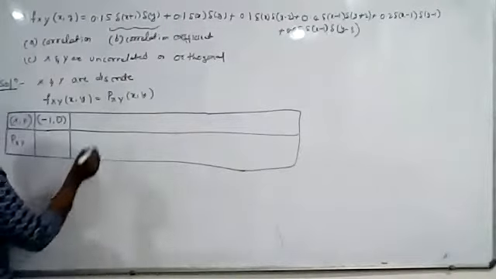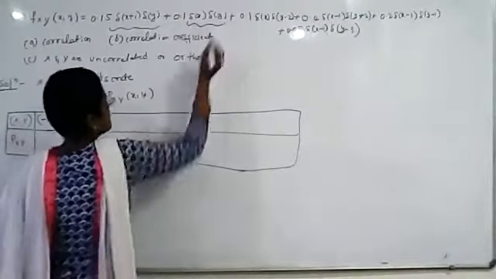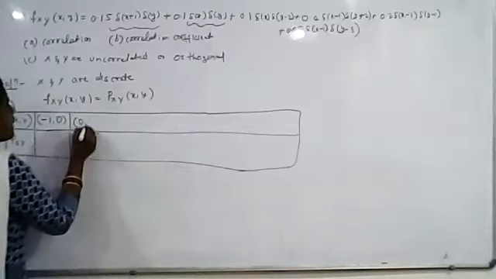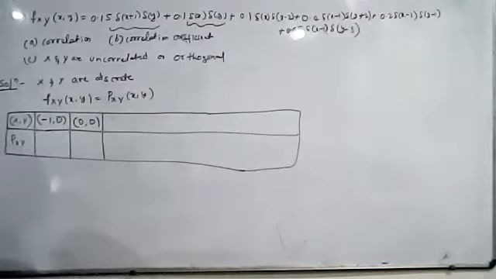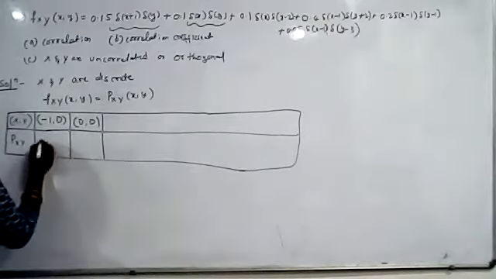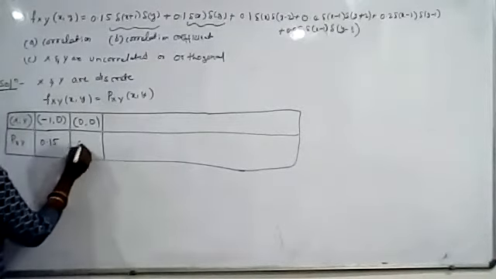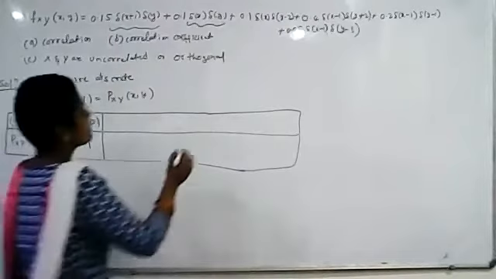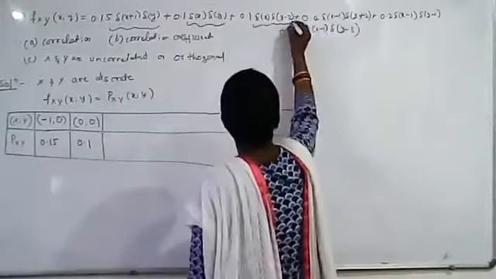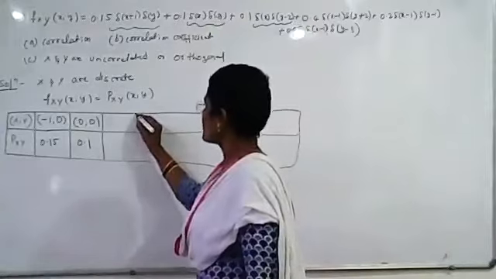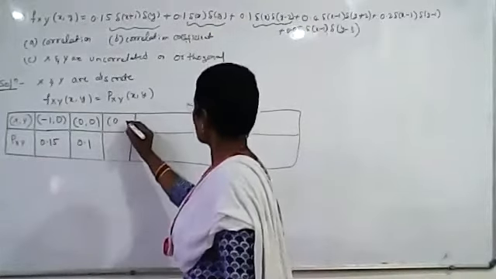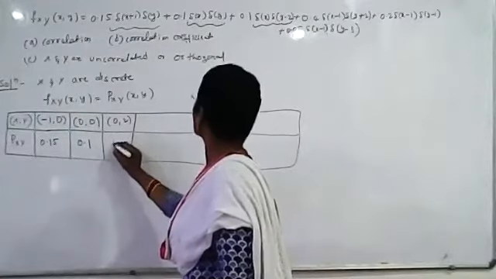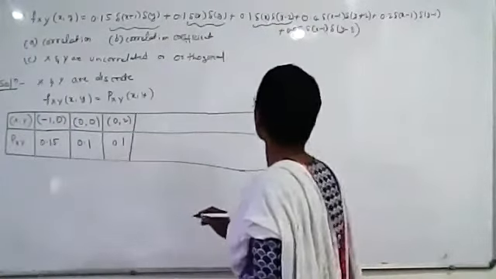Then δ(x), δ(y) has the value 1 only at zeros. Okay, and write their corresponding probabilities here. What are the coordinates of the next one? The x value is 0, and y is 2.